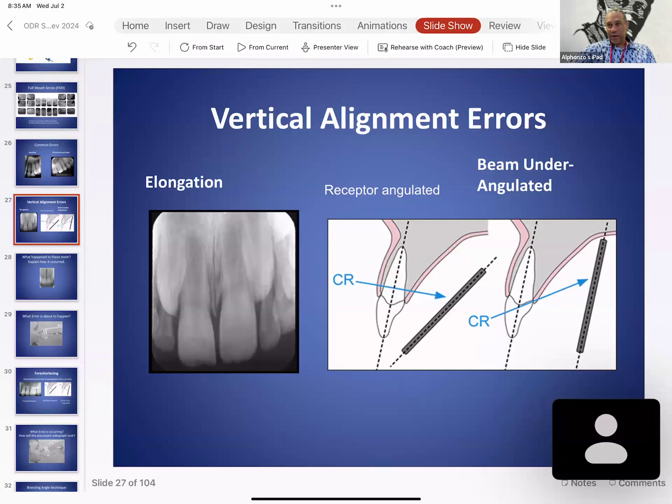And you can see in the diagram on the right how the sensor position has changed in relation to that central ray. So on the left side of that diagram, you see the central ray coming through the tooth at a perpendicular angle in the correct way, but we have the sensor at a 30 or 40-degree angle, and so our image will look elongated.